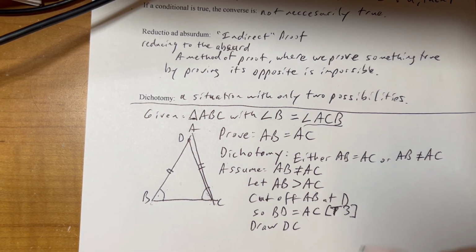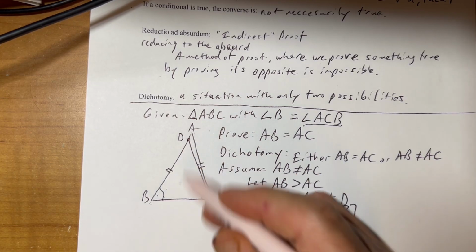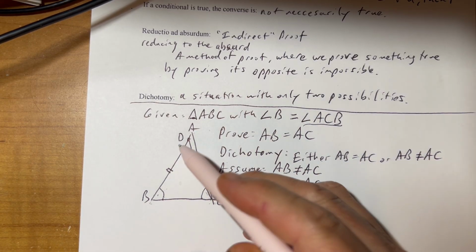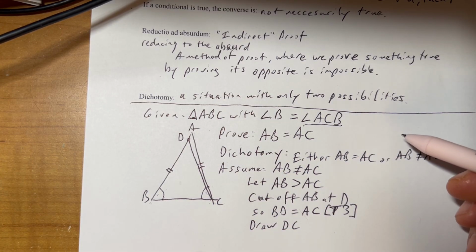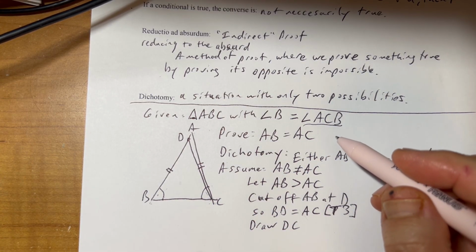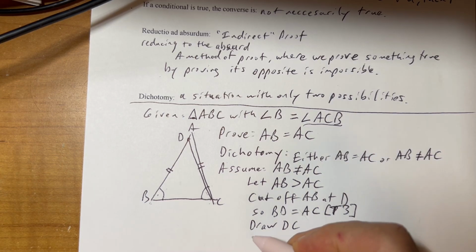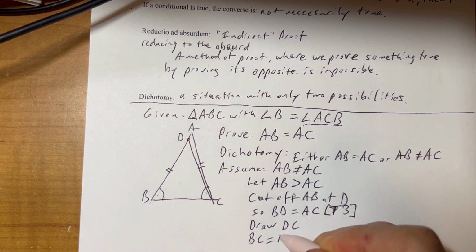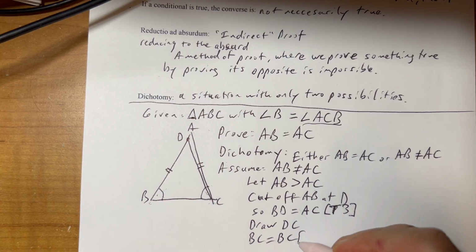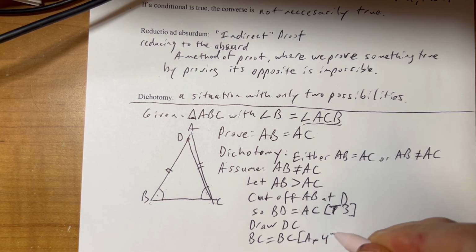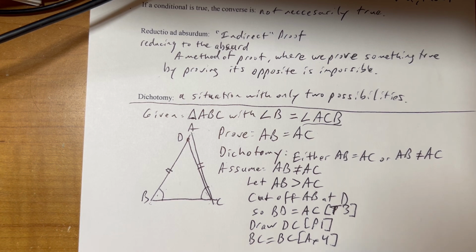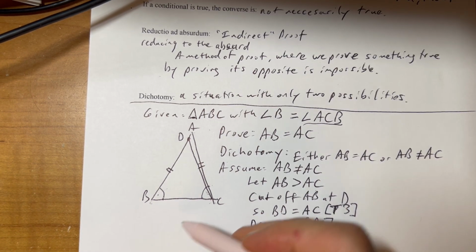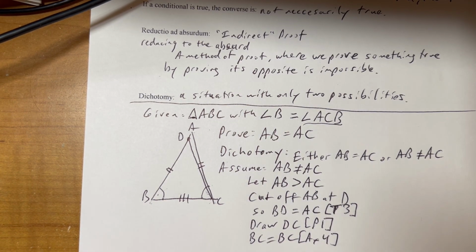All right. Now, after I draw DC, we have an interesting thing here, is that we now have 2 congruent triangles. Maybe you can't see them, but let me show them to you. I'm first going to say that BC is equal to itself. That's axiom 4. And by the way, drawing DC is postulate 1, as you know. All right. So now I'm going to say BC is equal to itself.